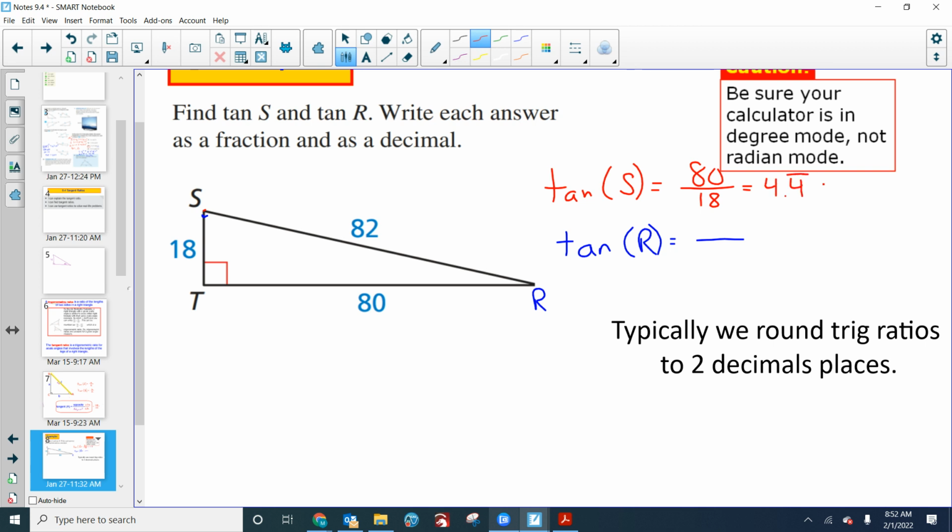For my fraction form, I don't touch it, I leave it as 4.4 repeating, I don't hit clear, and I do second PRB. 4 4/9. I don't want that.